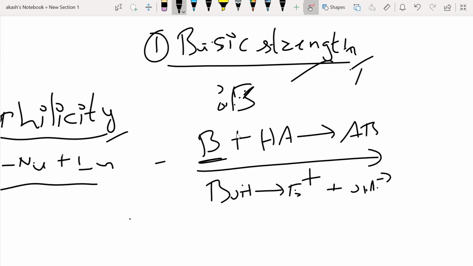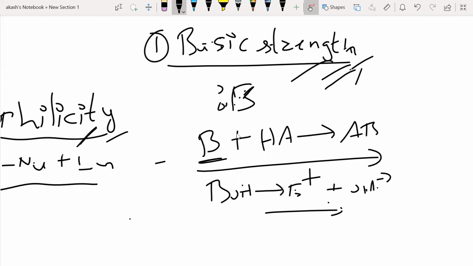Again, how much this reaction goes to completion is my basic strength. So it is a thermodynamic term. Basic strength is a thermodynamic term, but nucleophilicity is a kinetic term.